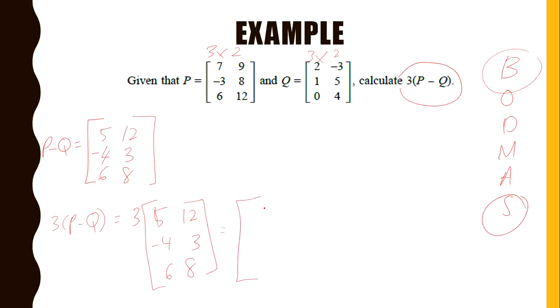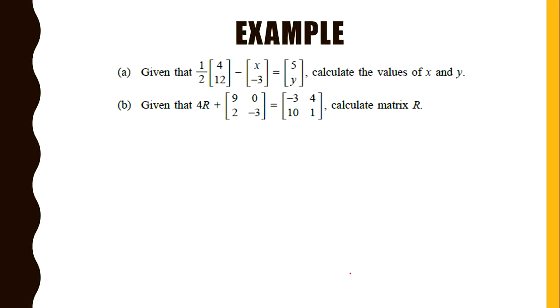Okay, so here is 15, 3 times 5 is 15. 3 times 12, we get 36. 3 times negative 4, negative 12. 3 times 3, 9. 3 times 6, 18. 3 times 8 is 24. This is the answer.